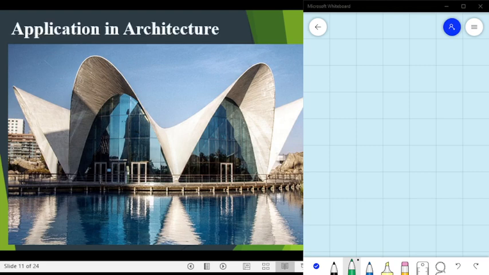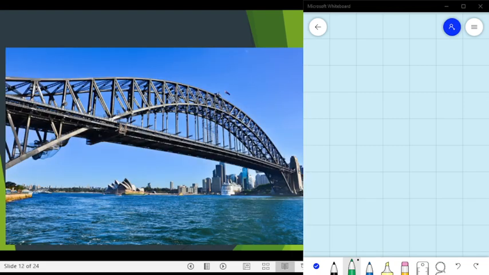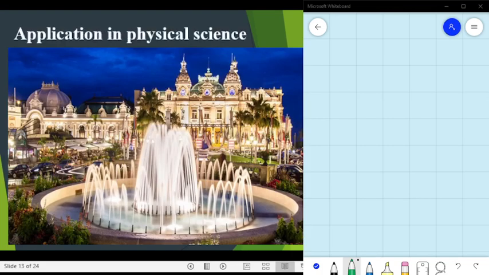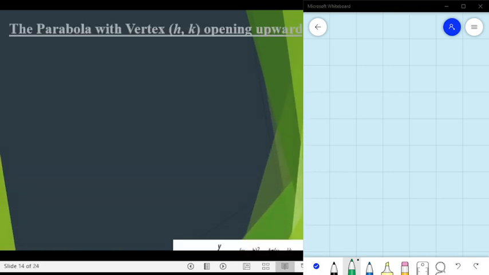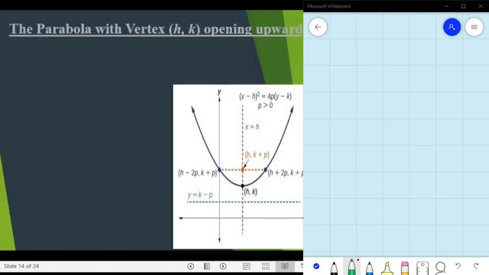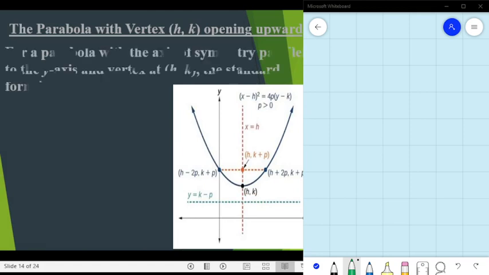Kani, it has an application to architecture, mga designs. Okay, applications in engineering, physical science, ug uban pa. So we have here the parabola with vertex (h, k) opening upward.